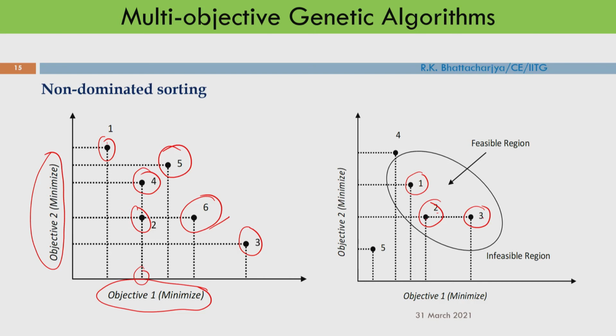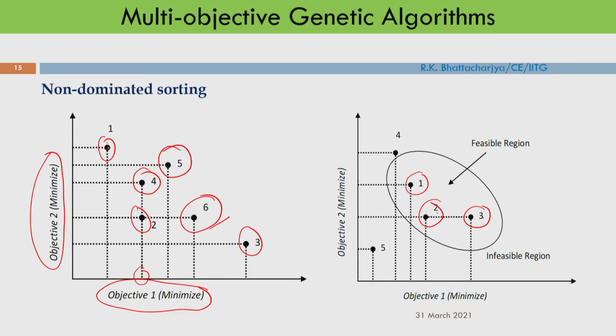Now, let us see how we can compare these solutions. Suppose I compare solution 1 and solution 2, I can say that they are non-dominated solutions and one of them will go to the next generation, if there is a tournament between 1 and 2. In terms of ranking both will have the same ranking and therefore, they cannot be compared in terms of ranking.